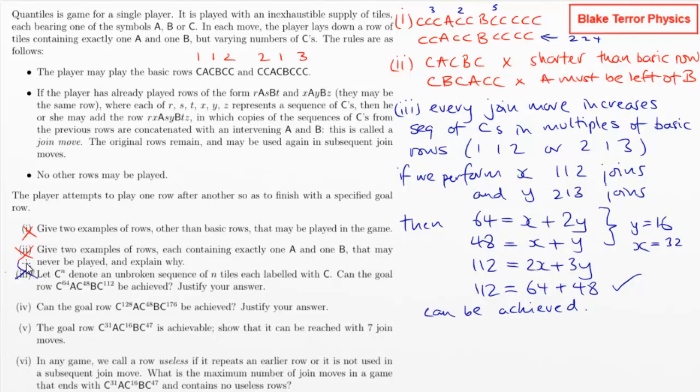Can the goal row of that be achieved? So that's 128, 48, and 176. Well, no, it can't, because we're not going to be able to get over double the middle number on the first number. And we can see this straight away, actually.